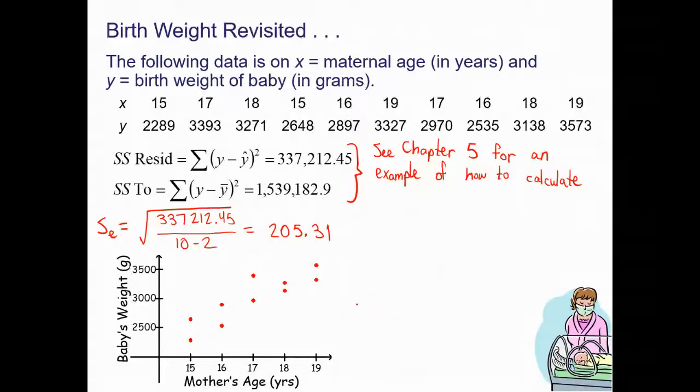Now we want to do R squared. This will be 1 minus the sum of squared residuals over total sum of squares.